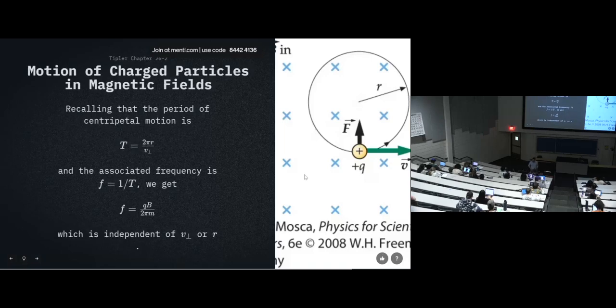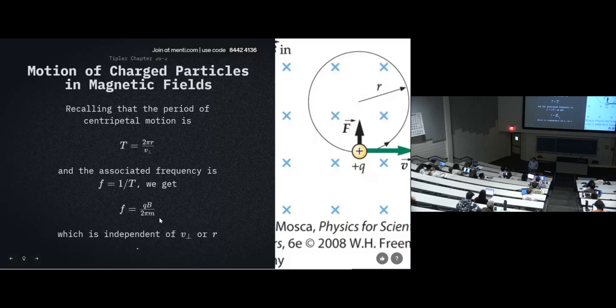So recalling that the period of centripetal motion, T, is 2 pi r, the circumference, divided by the speed with which you travel around the circle, that is going to be your period. We associate a characteristic frequency, 1 over the period, as being QB over 2 pi times the mass.